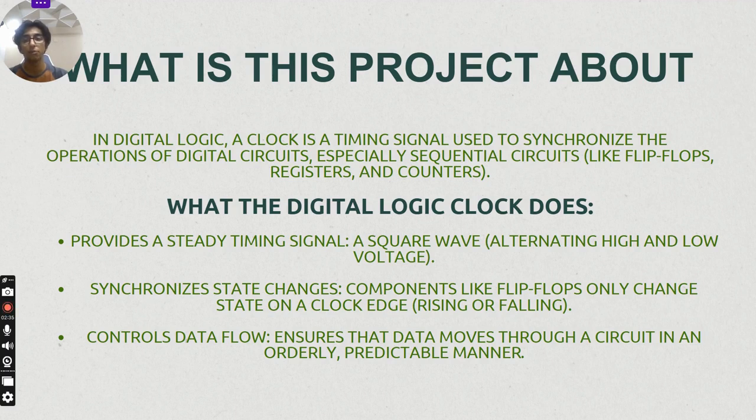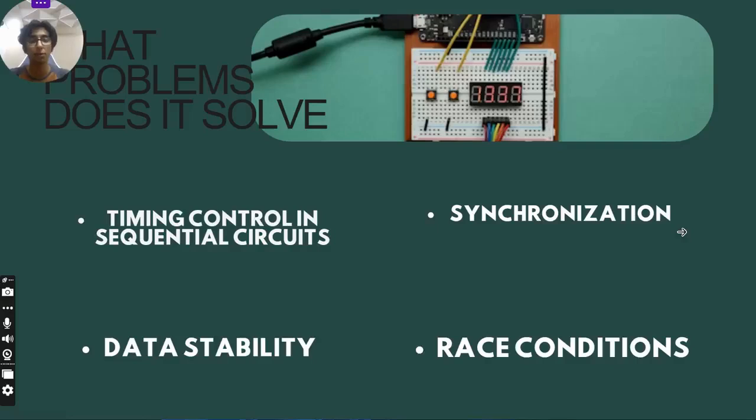Components like flip-flops, counters, and registers only change state on a clock edge that could be either rising or falling. It also controls the data flow and ensures that data moves through a circuit in a predictable manner. Here are some problems that could be solved by using a digital logic clock.